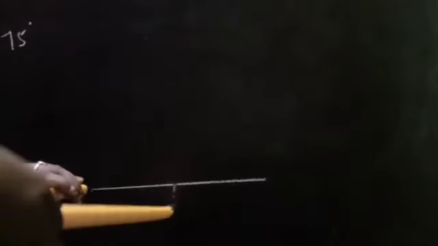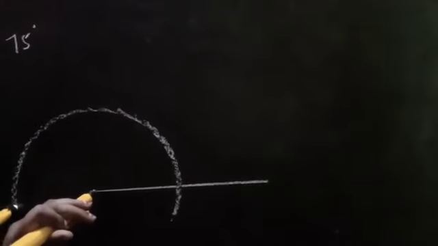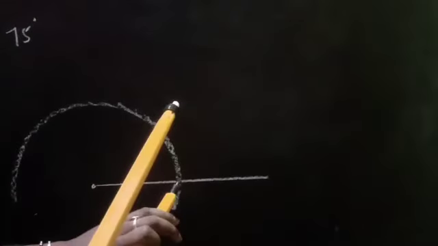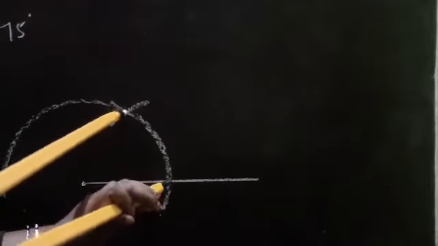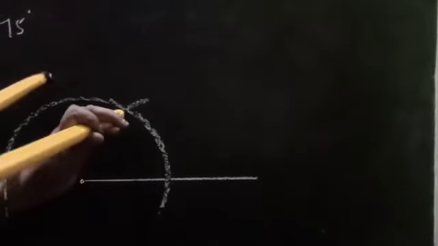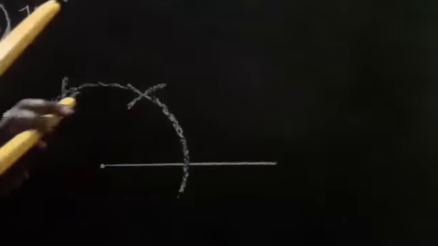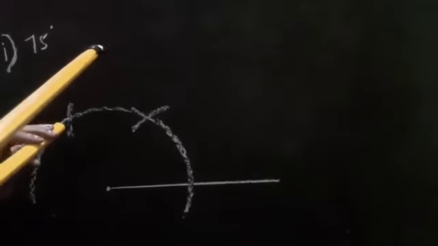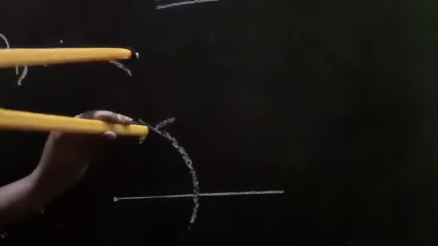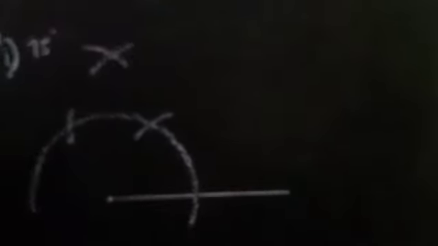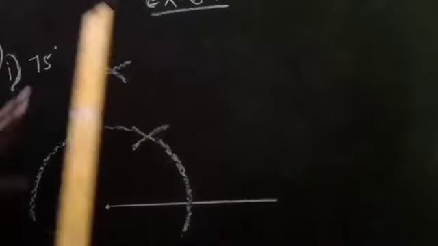Draw a semicircle. From here it is 60 degree. First arc is 60 degree. Then from here to here, second arc 120. Second arc to third arc, first arc to fourth arc. Join this, we'll get 90 degree.